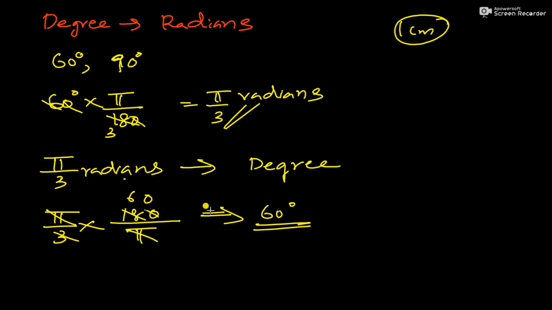So I've seen you'll get confused with, should I do pi by 180 or 180 by pi? So all you need to understand is, you've got a degree, right? You need to convert it to radians. So most probably in radians there will be a pi. It will be like pi by 3, pi by 6, pi by 4, something like that.